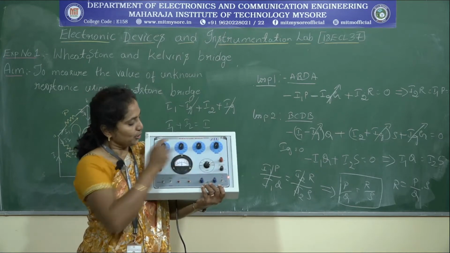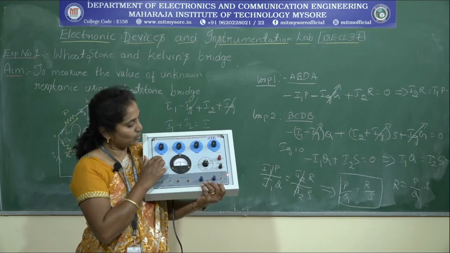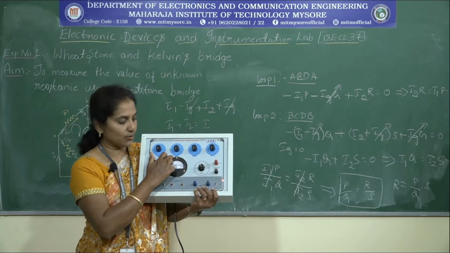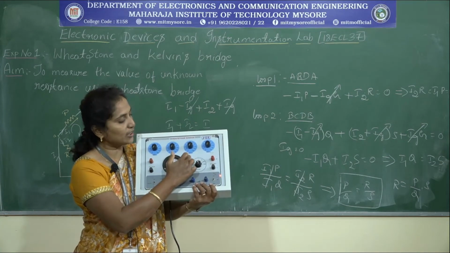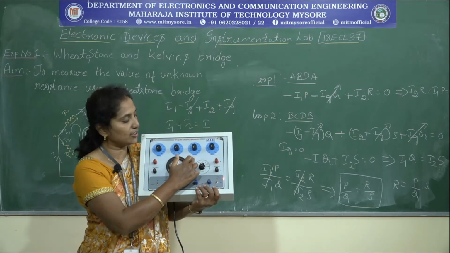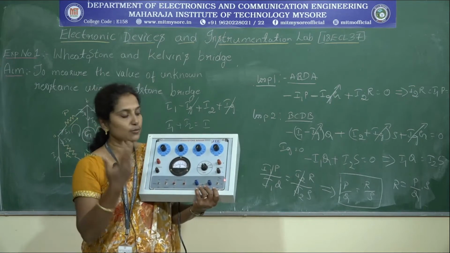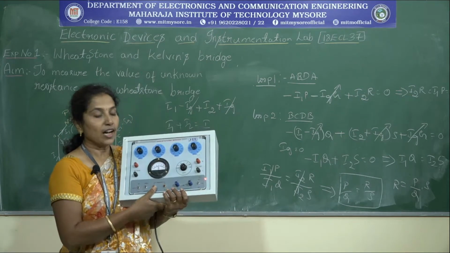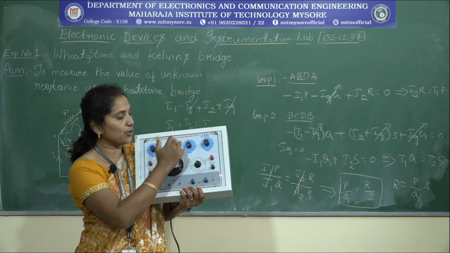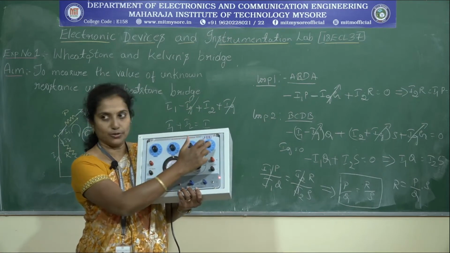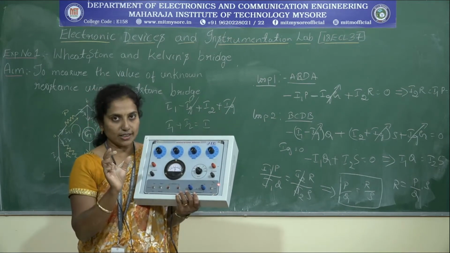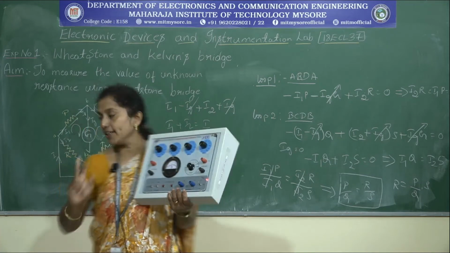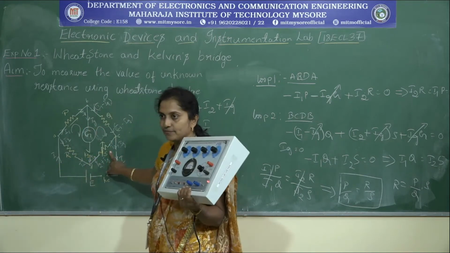So you can vary in the range of kilo ohms, 100 ohms, 10 ohms, and 1 ohm. After varying, you have to add all these values. Then you will get one single value, that is the variable resistance S.